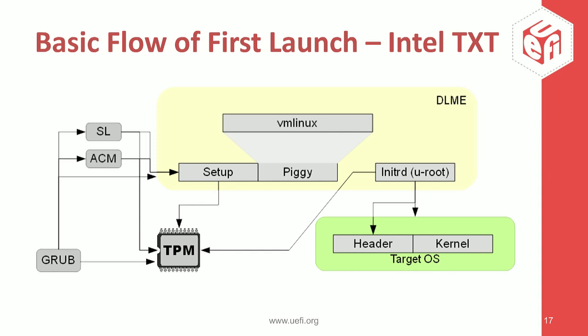We are also able to provide some attestation functionality. Currently, it is on our to-do list, but we are also going to provide this functionality. And if all actions which were described in policy file for initrd were executed correctly, then control can be passed to the target OS.